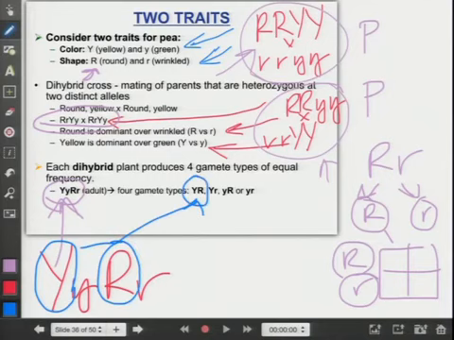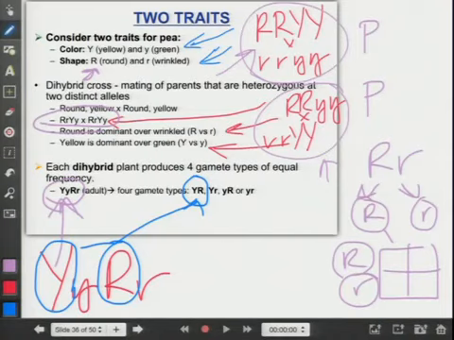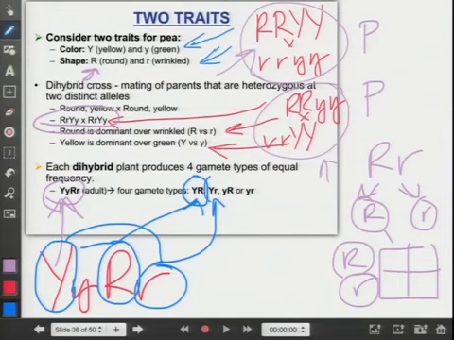If we're thinking about meiosis, they're on two different chromosomes. One goes this way, one goes that way, or the other one can go this way. Or this Y could have been on the chromosome that gets stuck with that guy. So this one and this one could have gotten together in one of the gametes.